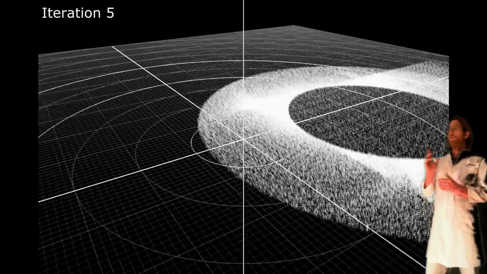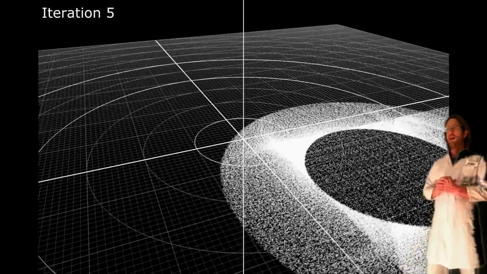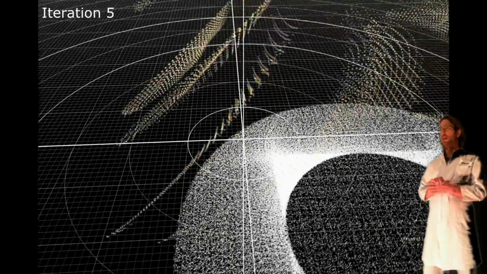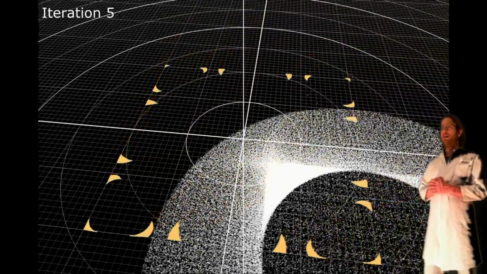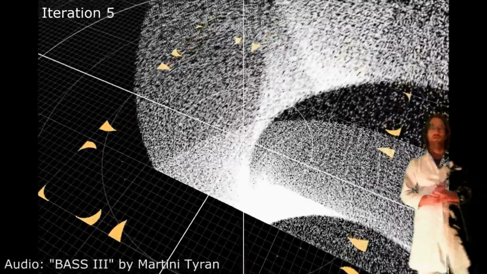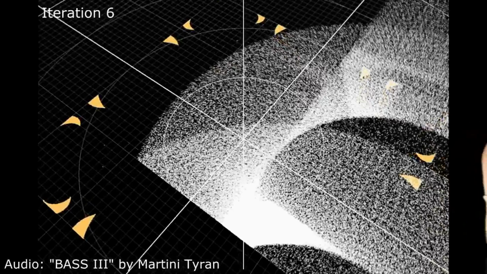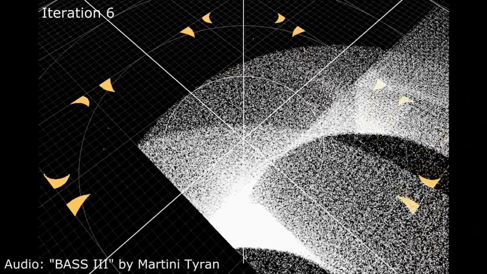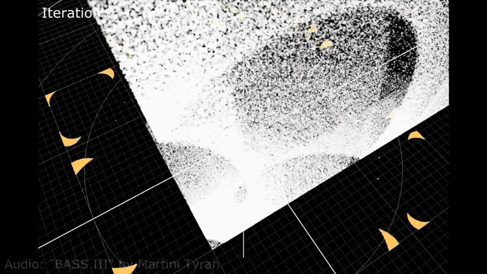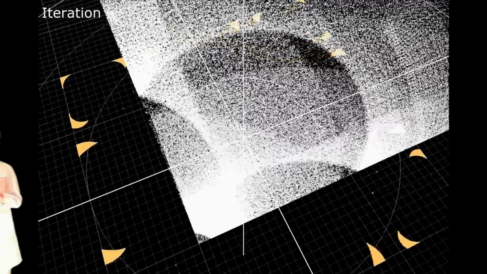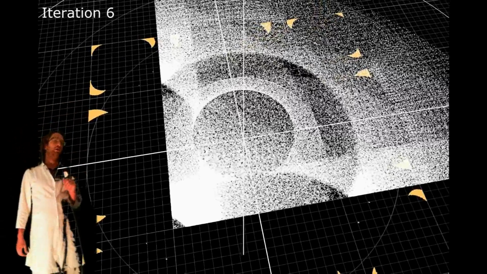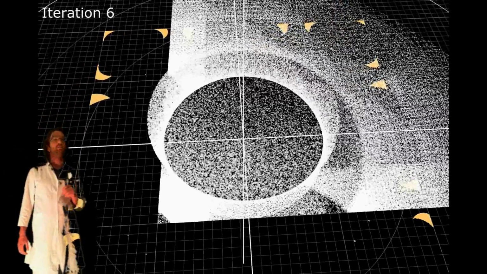And now, for the first time, points leave our bailout radius, and we mark the points with the current iteration depth color, and they start to form the image. And the circle inversion is performed again.